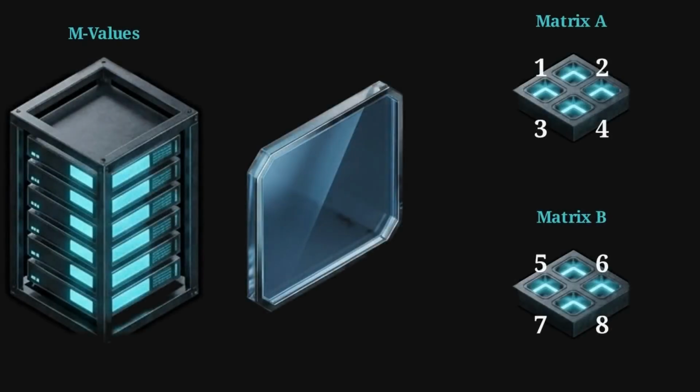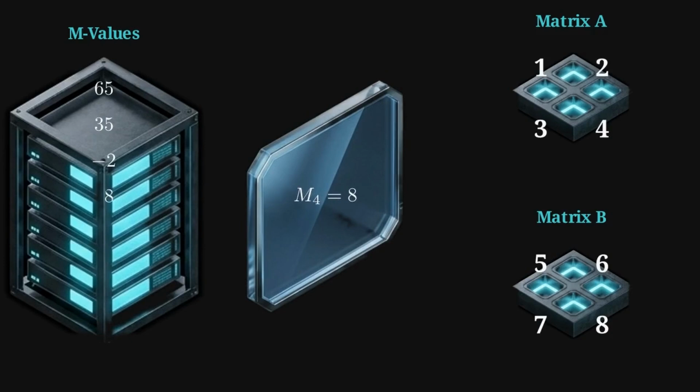Substituting these into the M1 formula, we add 1 and 4, and multiply that by the sum of 5 and 8. That simplifies to 5 times 13, giving us an M1 value of 65. For M2, we add 3 and 4, and multiply by 5. M2 is 35. M3 is 1 times the difference of 6 minus 8, yielding -2.